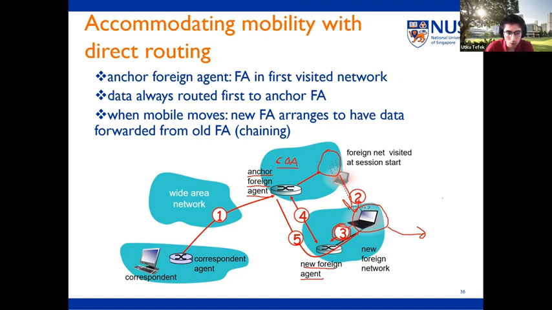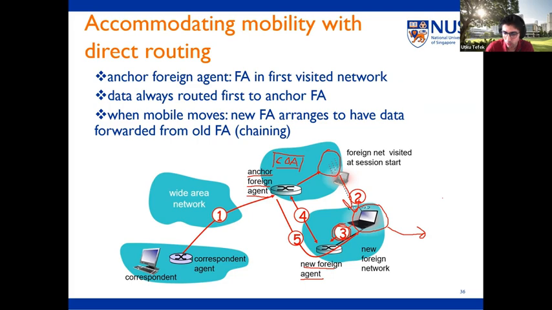So just like the home agent of the indirect routing, it keeps track of the COA and performs kind of indirect routing. It's not called indirect routing, but it's like the indirect routing of the earlier example we've seen. So then everything goes through this anchor foreign agent. It tunnels the packets to the mobile node.